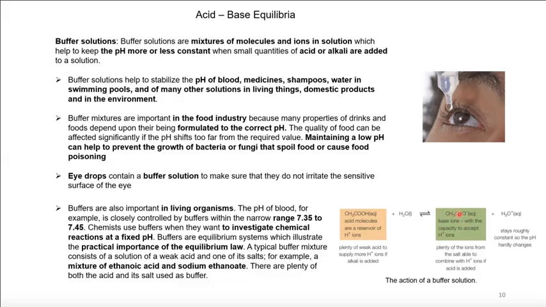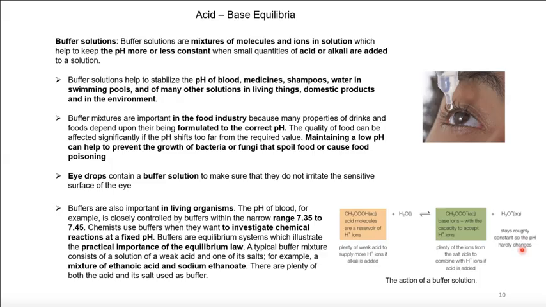This is a conjugate base, and this is the conjugate acid of it. So there is plenty of weak acid to supply more hydrogen ions, and in alkali there are plenty of ions from the salt able to combine with hydrogen ions. If acid is added, the hydrogen ion concentration stays roughly constant, so that the pH hardly changes. That's what we had said already.